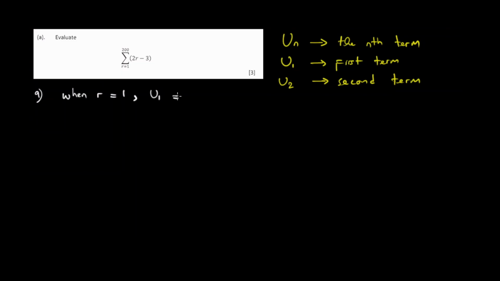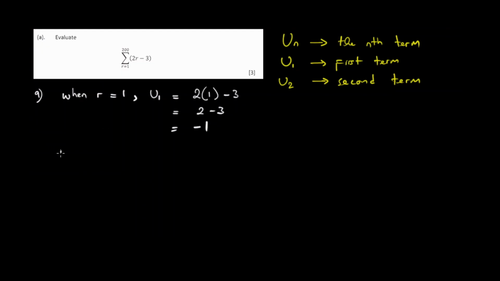So u1 is equal to 2, then to substitute r we put 1, so 2 times 1 minus 3, which is 2 minus 3, and the answer is minus 1. Meaning that when r is equal to 1, the first term is minus 1.